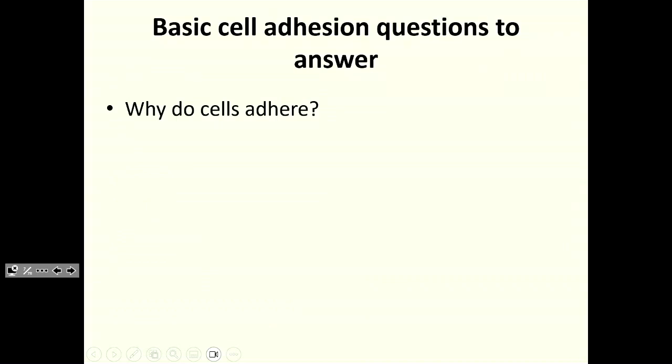So the title is cell adhesion. Why do we need it? Why do we need adhesion? Okay, communication. Well, we can communicate long distance. We don't need that to talk to each other. Barrier? Barrier function is a little bit different from adhesion function.